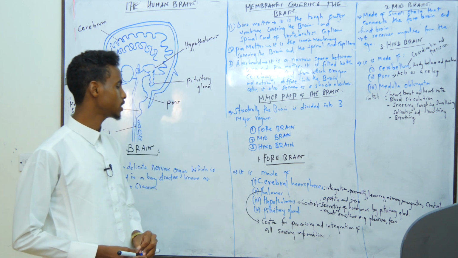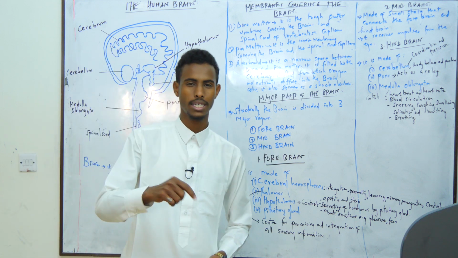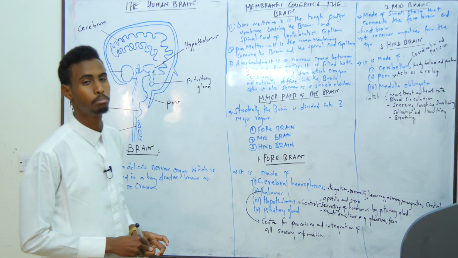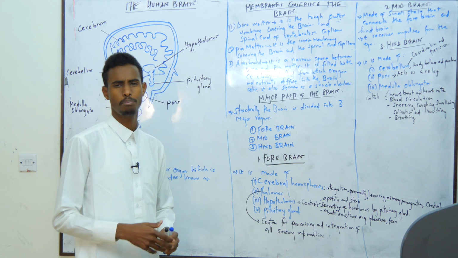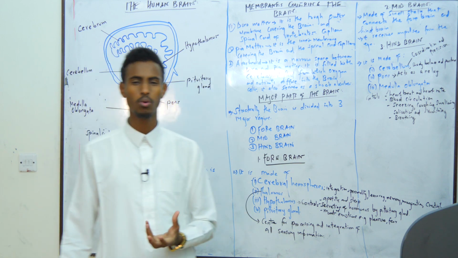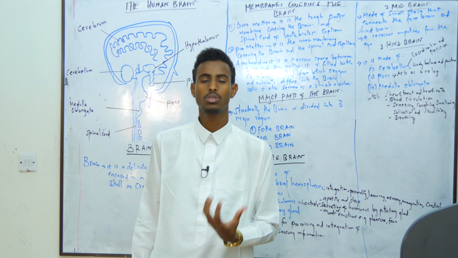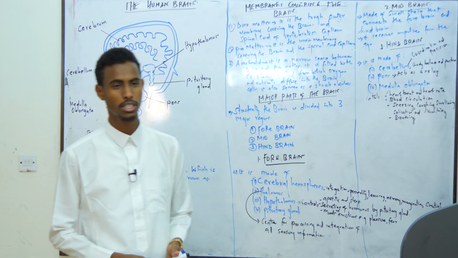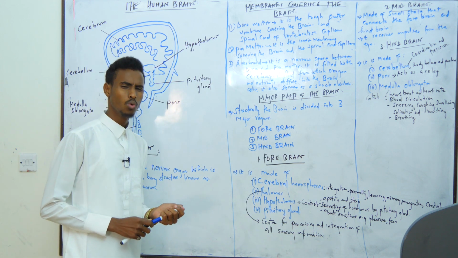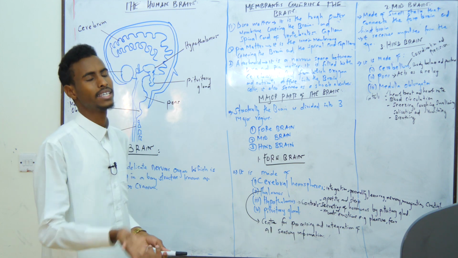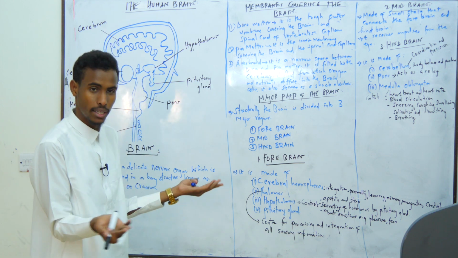The hypothalamus controls, number one, secretion of hormones by the pituitary gland. A very good example is one role of the kidney, which is the balance of osmotic pressure. When the osmotic pressure of blood rises, what happens?